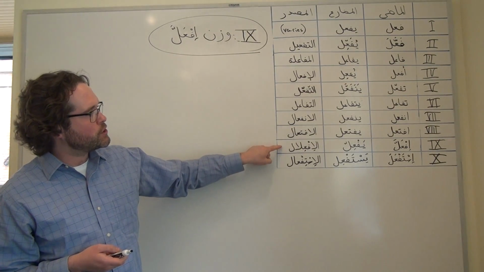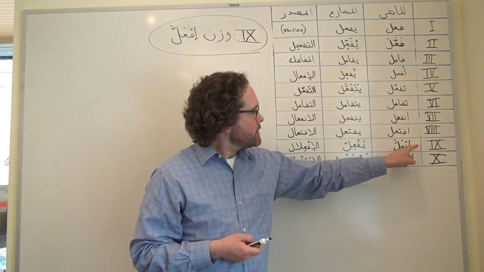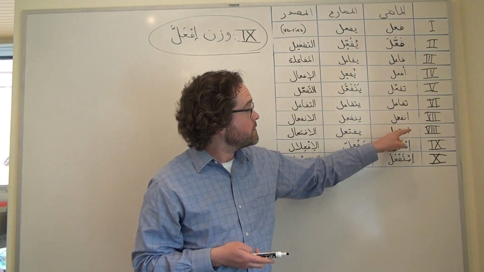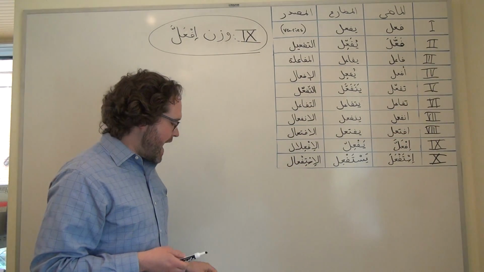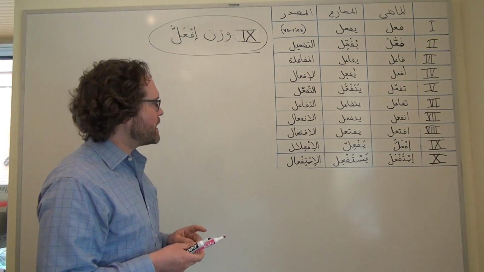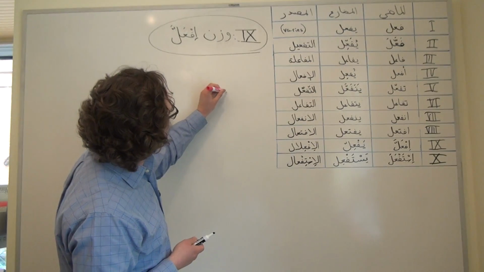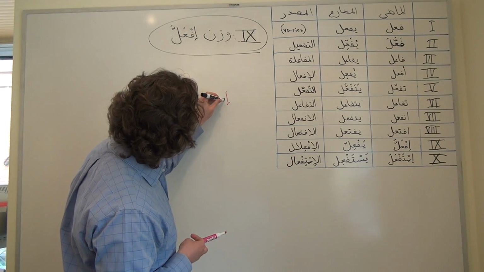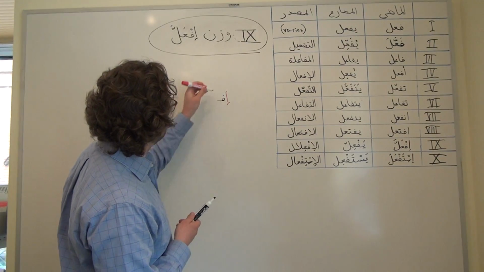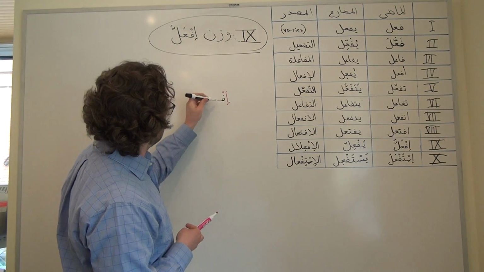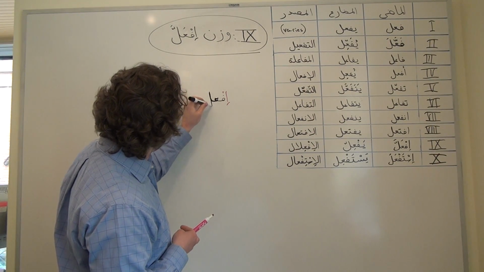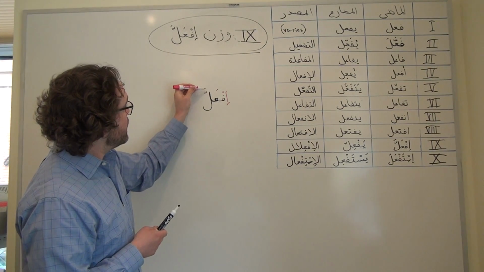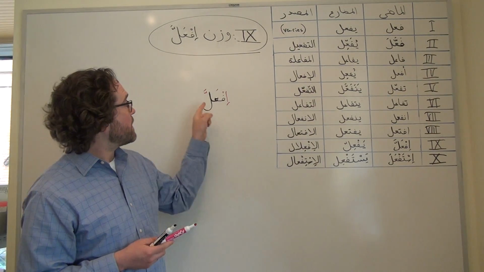As you can see over here on this chart, in the past tense, just as with verb forms 7, 8, and 10, we add an alif at the beginning of that derived pattern before the root letters, like that, with a kasra underneath, and a sukoon on the first root letter, followed by a fatha on the second root letter, and then a shadda on the third root letter, if'alla.